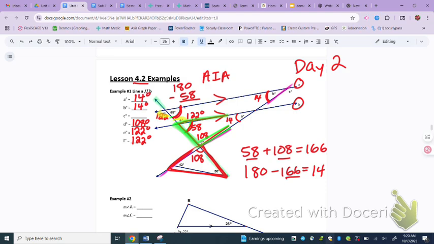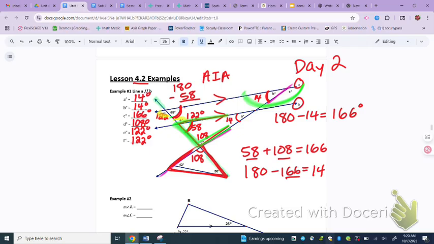Now I can find angle C by using a line relationship. These two make a line. So 180 minus 14. We get 166 degrees.